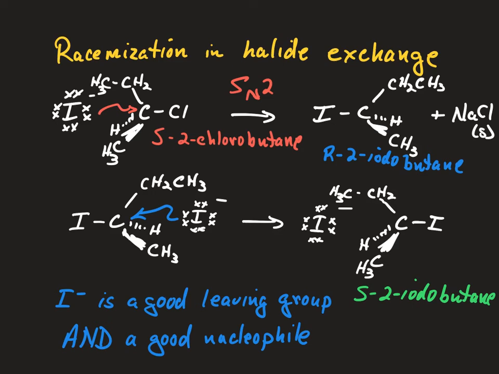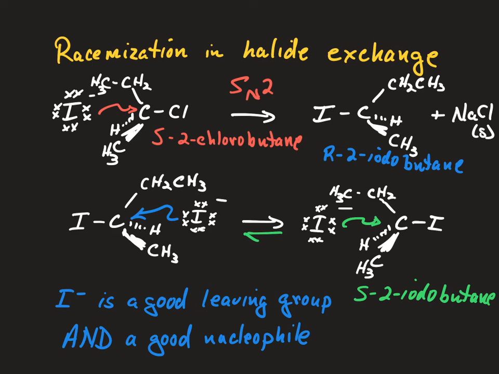But the S-2-iodobutane can be attacked and be converted back into R-2-iodobutane. And so that process keeps going in solution until you randomize the stereochemistry of your alkyl iodide.